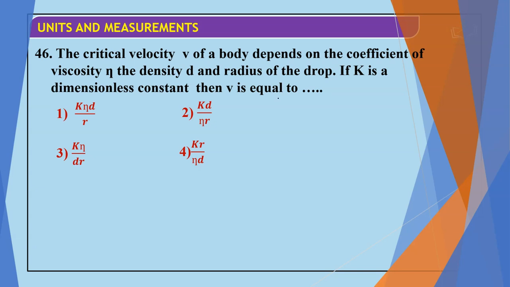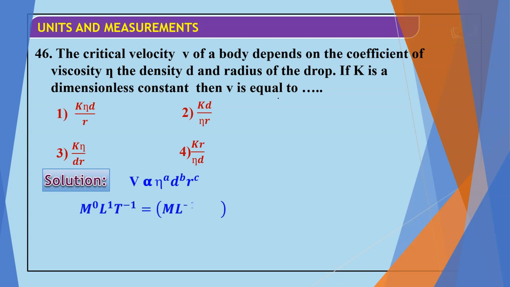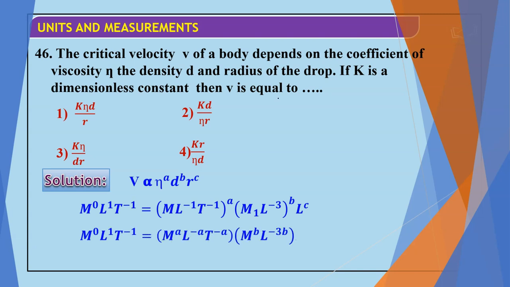Now, the solution: v is directly proportional to eta to the power a, d to the power b and r to the power c. After putting the dimensions of each and every term, we can calculate the values of a, b and c. After solving for a, b, c, we got the third equation.